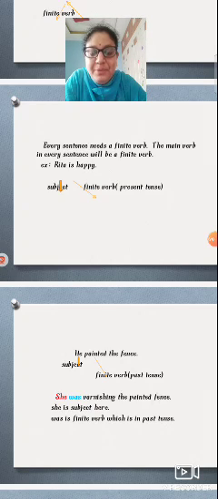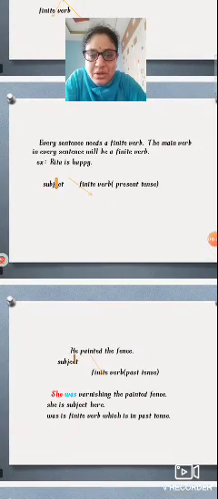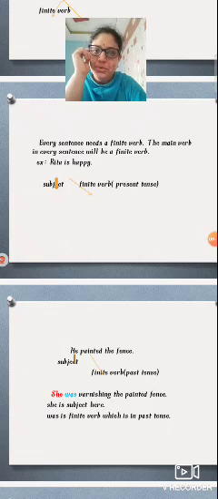Example: Rita is happy. Rita comes under the subject, as you already know, and is happy is the finite verb, in the present tense. When you read the sentence, you can get clarity that it is in the present tense.